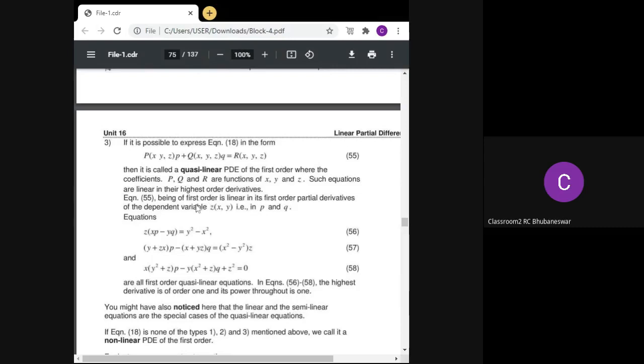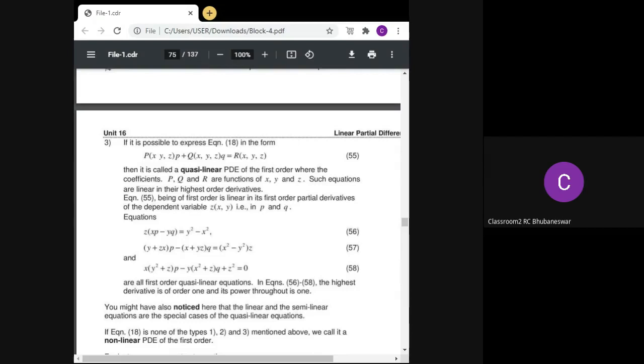Such equations are linear in their highest order derivative, and there must be small p, small q, the first order partial derivatives with respect to x and with respect to y. Whenever the coefficients of small p, small q, and the right hand side are functions of x, y, and z, then the equation is a quasi-linear partial differential equation of first order.